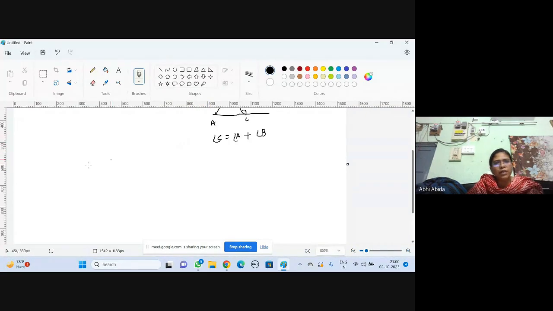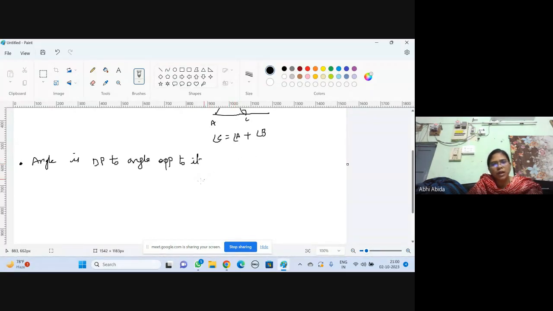Okay. Moving on to the third property of the triangle. Angle will always be directly proportionate to the side which is opposite to it. That means whenever in the triangle, greater the angle, larger the side opposite to it. Smaller the angle, smaller the side opposite to it.